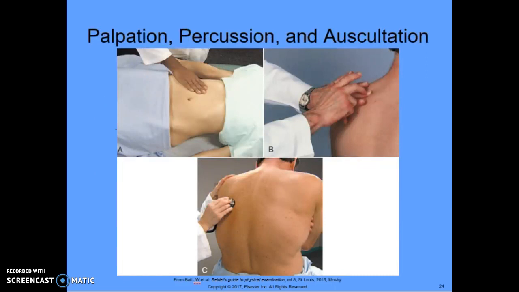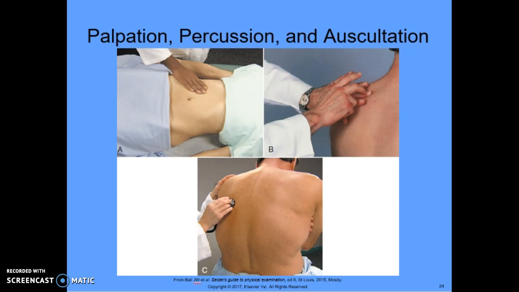So here are some examples of the palpation, percussion, and auscultation. A part of the body is felt with the hand to determine its condition or the condition of the underlying organ. Okay, so we're looking here at palpation.